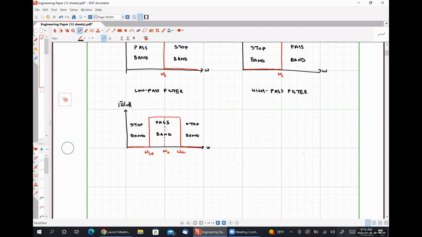This circuit is what's known as a band pass filter. And it has a bandwidth equal to 1/2 pi multiplied by omega high minus omega low.